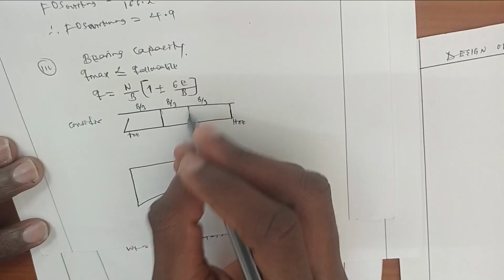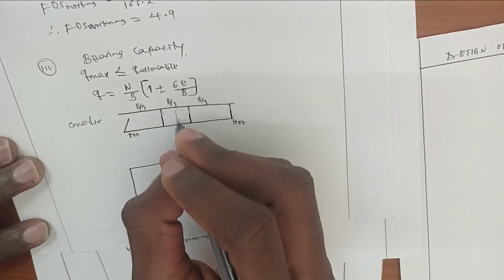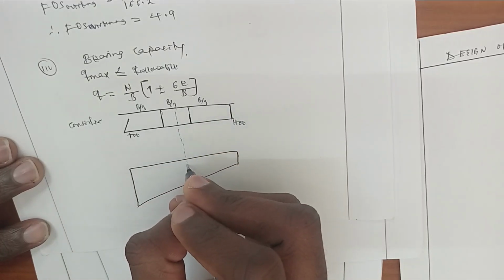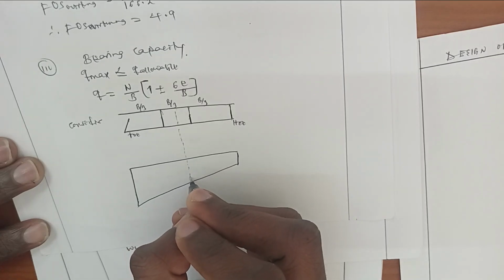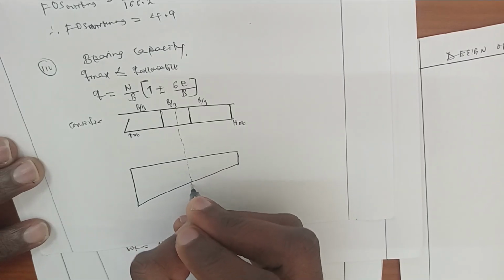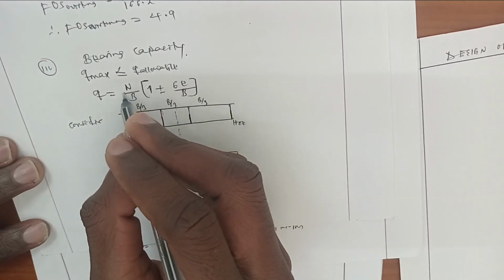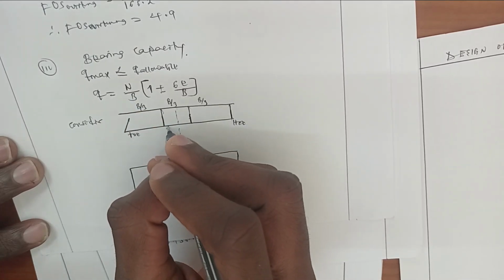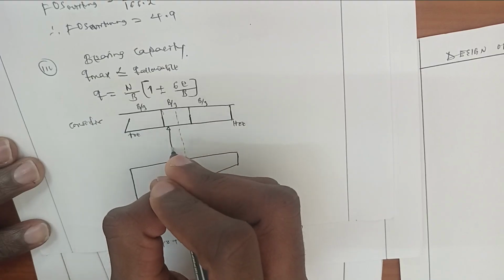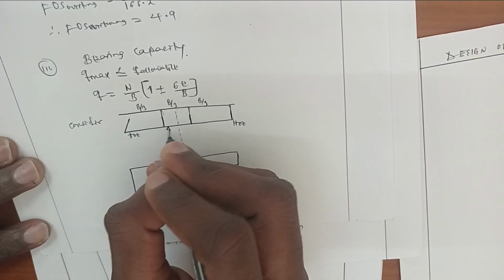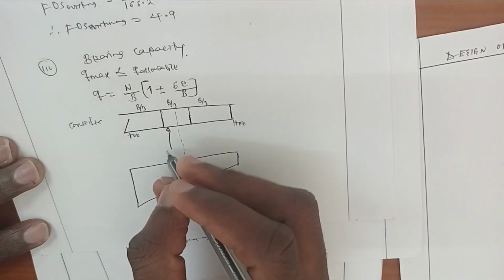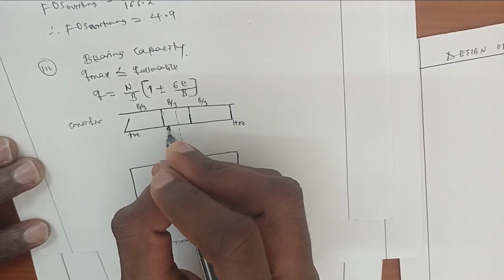And this is the centroid of the base of the retaining wall. As said, this resultant force should lie within the middle third. Now let's say this is the resultant force which lies in the middle third of the base of the retaining wall.